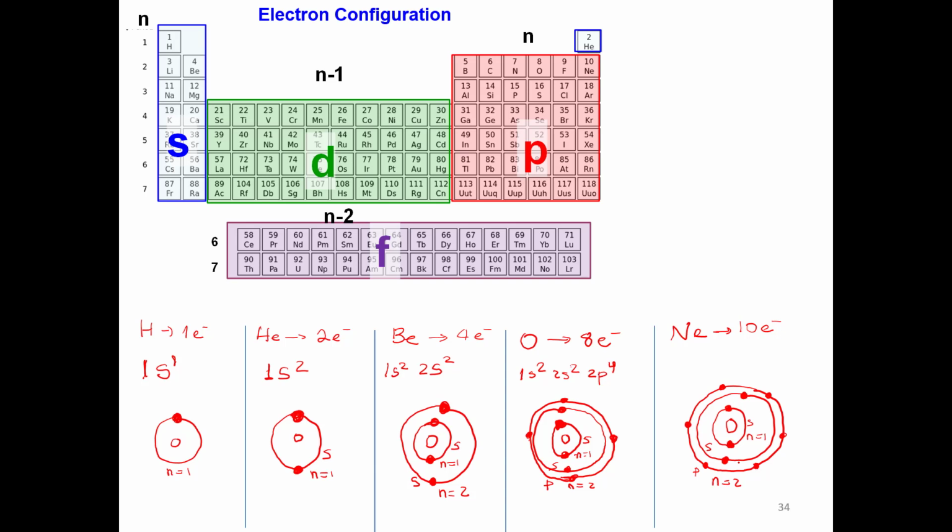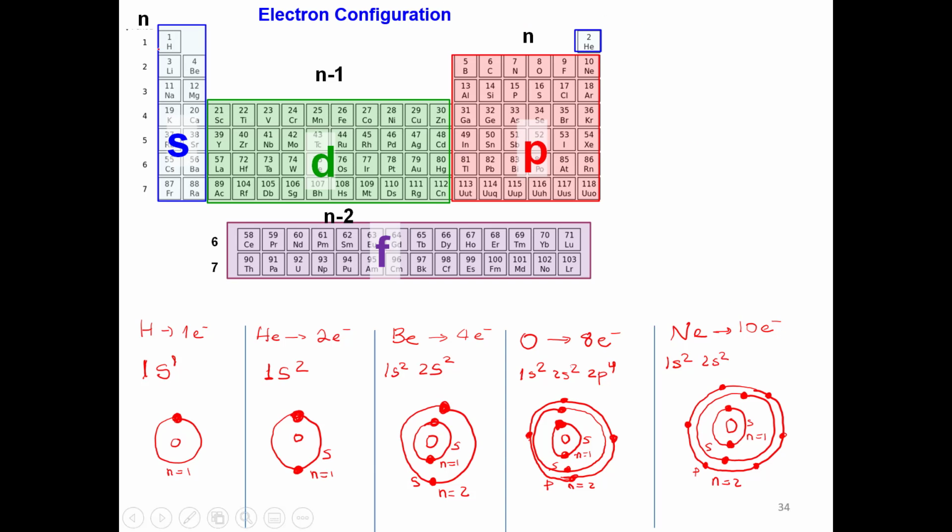Let's try to get the electronic configuration using the periodic table. Here is the neon, then the other shells. When I say the other shells, these shells must be full. We start from here and we will stop in neon. 1s is 2. The next is 2s, 2.